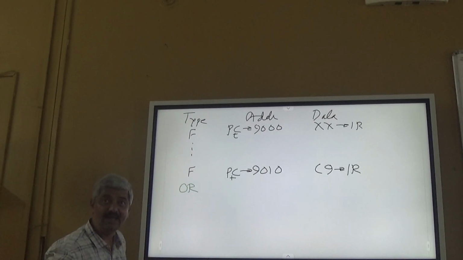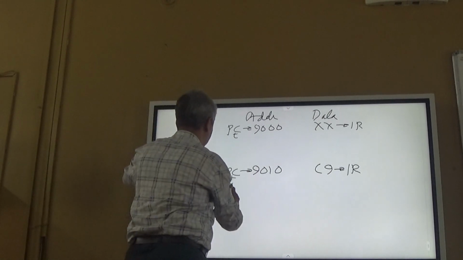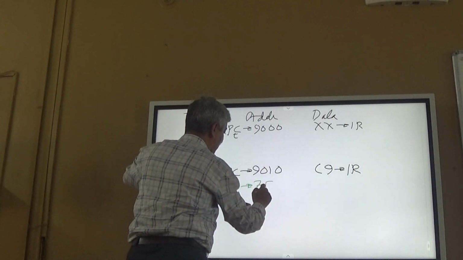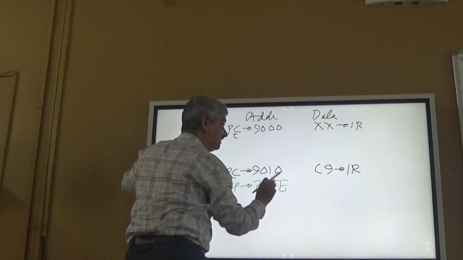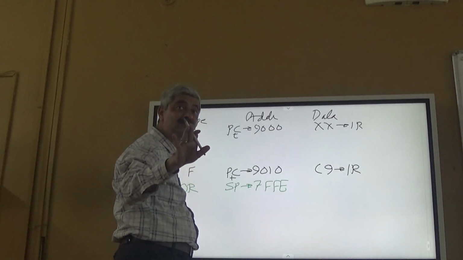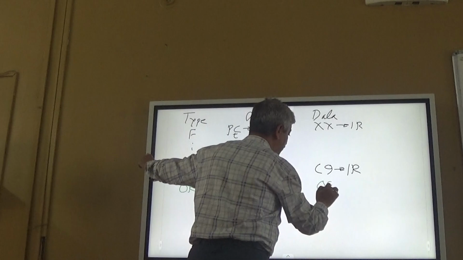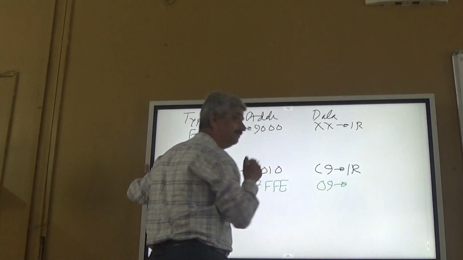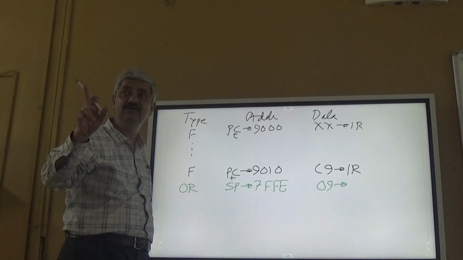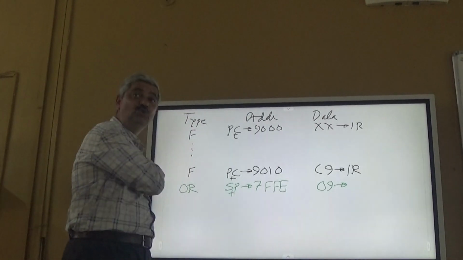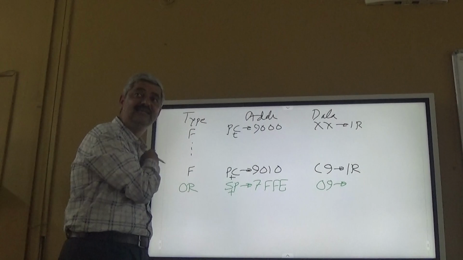Who will give the address? Stack pointer. Stack pointer giving 7FFE. What is there? 09. And where will this go? Program counter lower byte, and increment the stack pointer by 1.